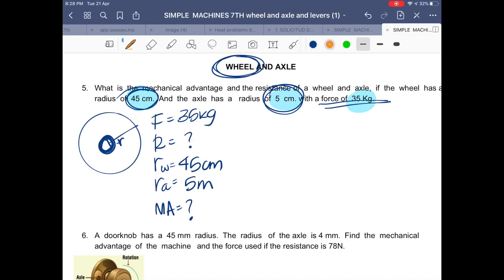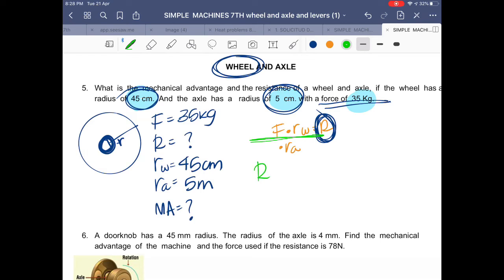So in this one, we will have force times radius of the wheel equals resistance times radius of the axle. We're searching for resistance. So we will bring radius of the axle to the other side, dividing, because it's multiplying in the other side.